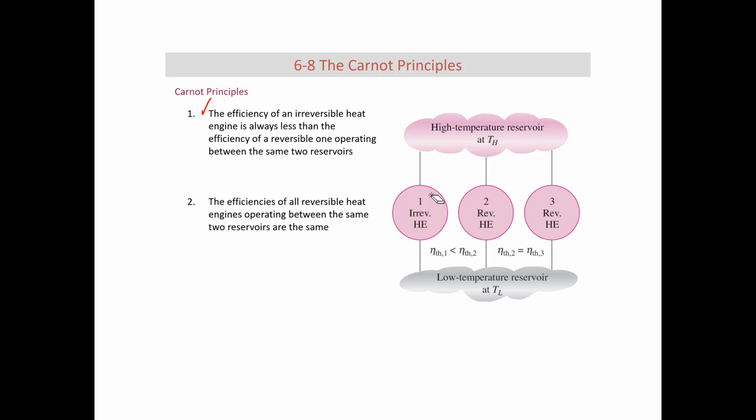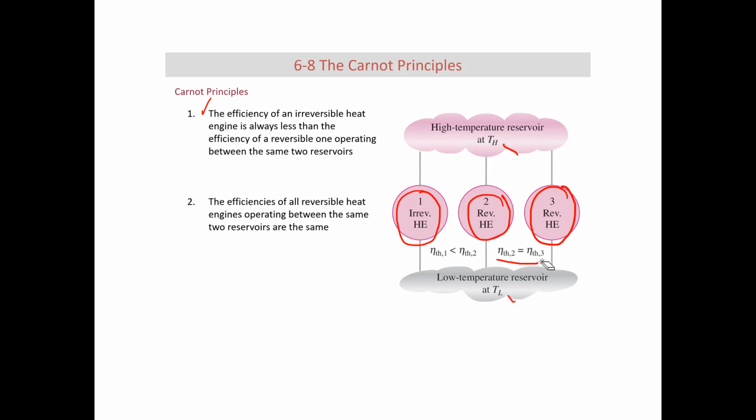The irreversible efficiency of a heat engine operating between the two reservoirs has to be less than the reversible heat engine efficiency. And the reversible heat engine efficiency is limited by the temperature of the hot reservoir and the cold reservoir.